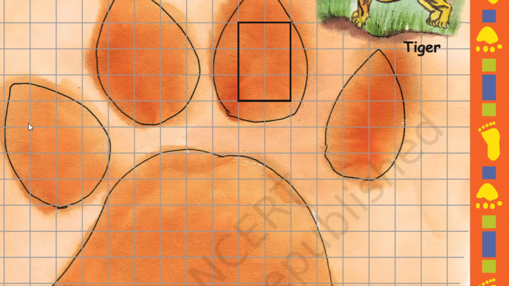As we know the area of a square and area of a rectangle, already I told you first you identify the largest square. Within this, can you identify the largest square? This is the square, isn't it?